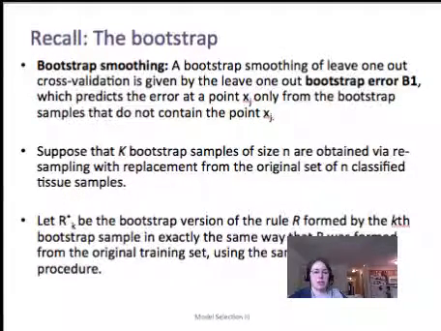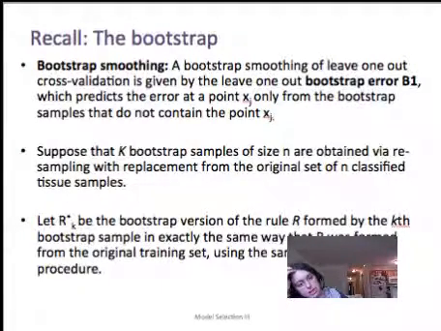And the bootstrap. They're calling it bootstrap smoothing. Bootstrap smoothing of leave-one-out cross-validation is given by the leave-one-out bootstrap error B1, which is exactly what we called it. That predicts the error at a point xj only from the bootstrap samples that do not contain the point xj. We were using that CJ notation.